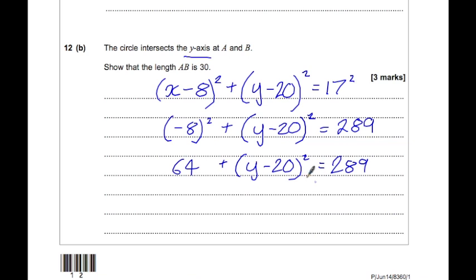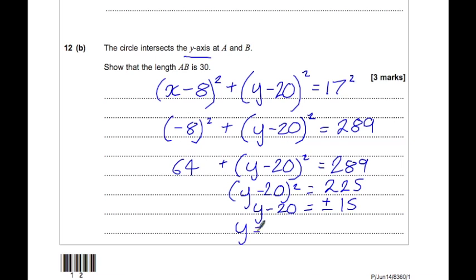It would be difficult to expand all this out and then solve it. But given it's already in completed square form, we can say y minus 20 squared is 289 minus 64, which is 225. So it ends up as a nice square number. Square rooting each side, y minus 20 will be plus or minus 15.